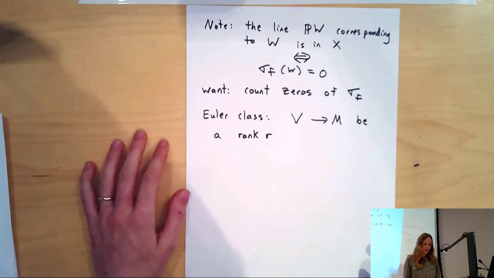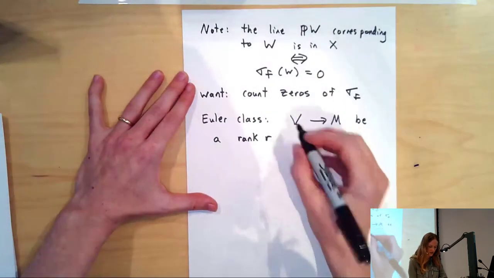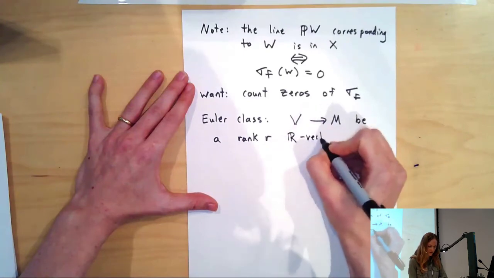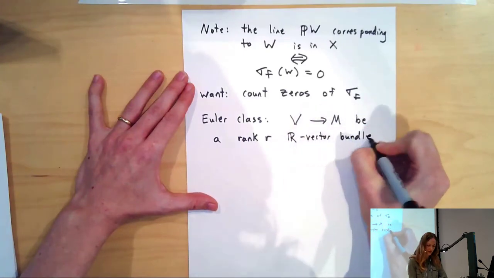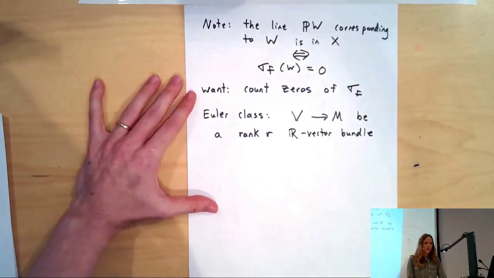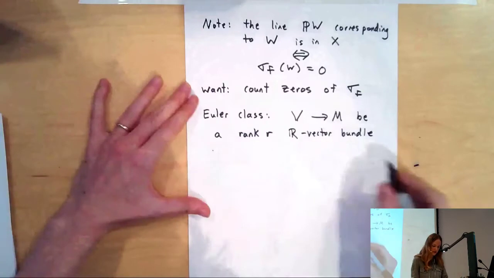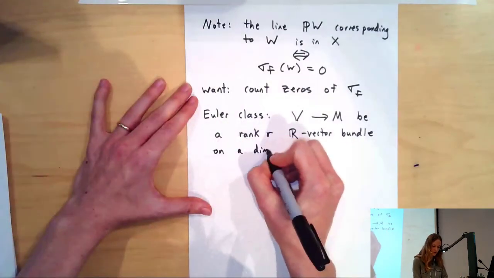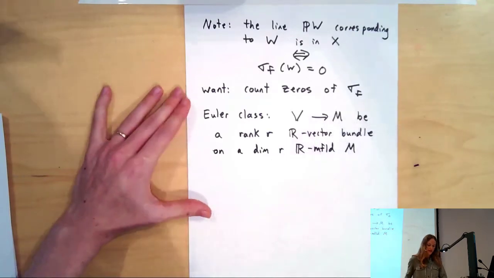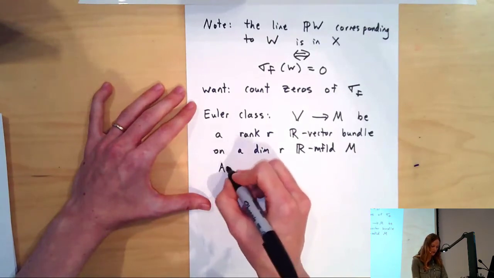But we're going to want to be more careful about that, so let's work over R for now. And the Euler class will be a cohomology class, and we're going to want to view it as an integer. So let's fix things so we can view that as an integer, on a dimension R real manifold M, and we're going to assume that V comes with an orientation, and we'll talk more about that.